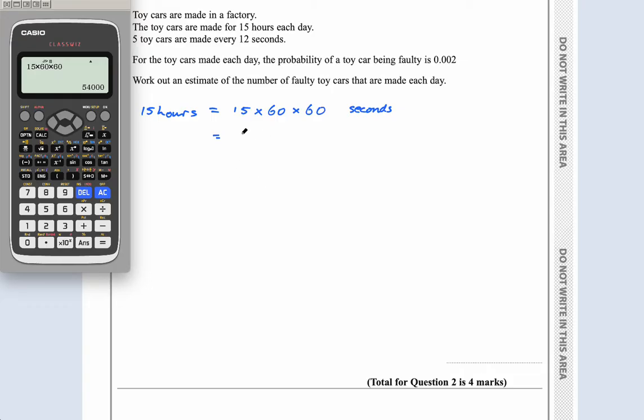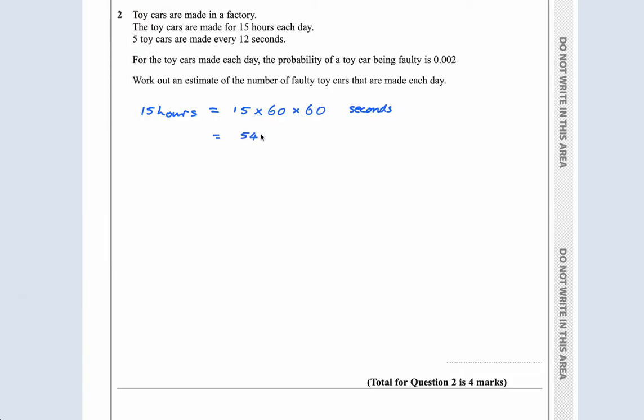Okay, so there's 54,000 seconds in the 15 hours. Okay, 5 toy cars are made every 12 seconds. Okay, so this is very confusing. Okay, there's 54,000 seconds, and he's saying 5 toy cars are made every 12 seconds.